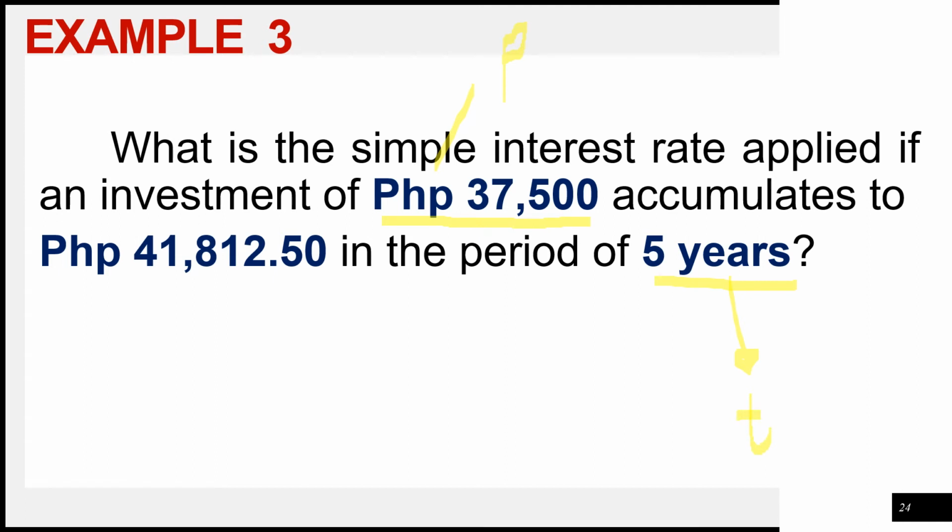Since there's this term accumulates to, that means 41,812 pesos and 50 centavos is the future value of the amount after 5 years. Now, what is asked in the problem? We are going to identify the simple interest rate applied in this particular problem.